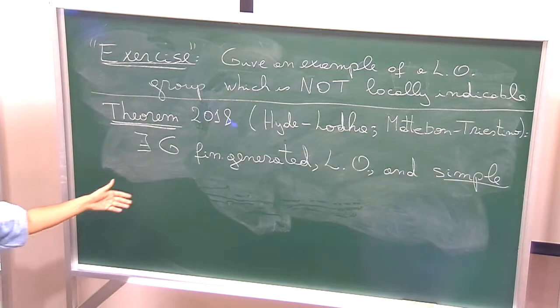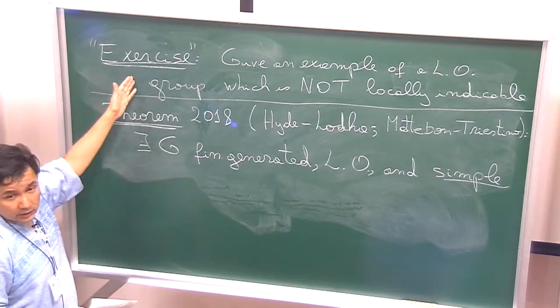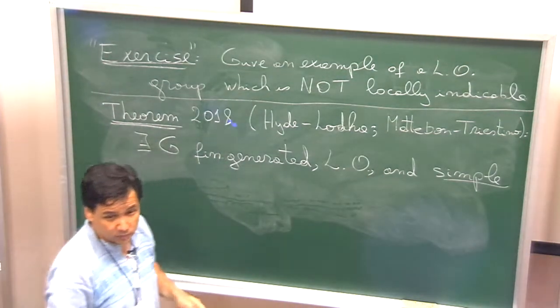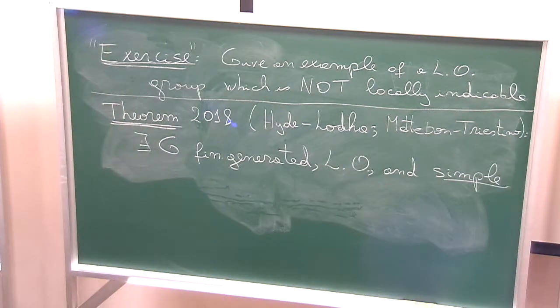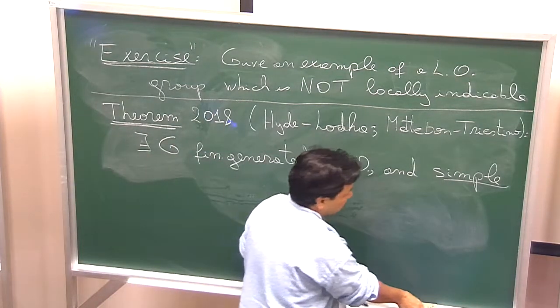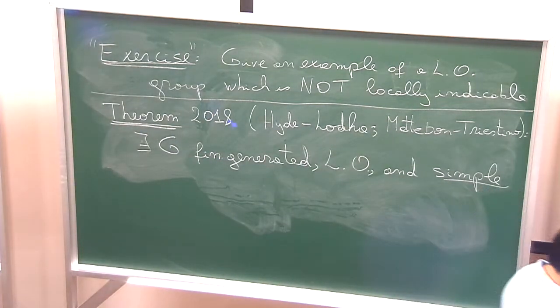In particular, it says that there are groups which are not locally indicable because there is no way to produce any homomorphism at all. This is really fascinating stuff. It was open for many years.